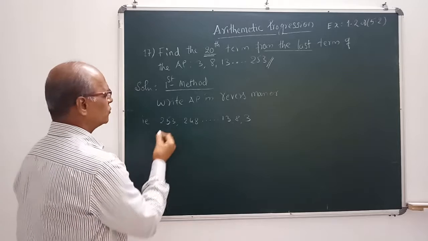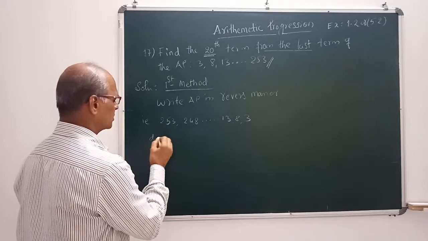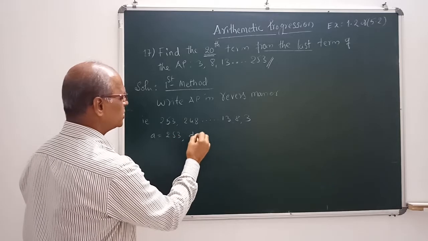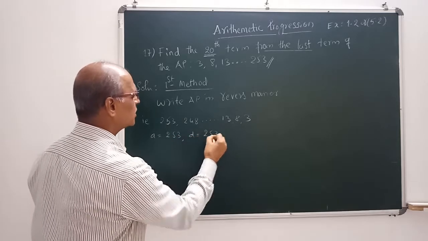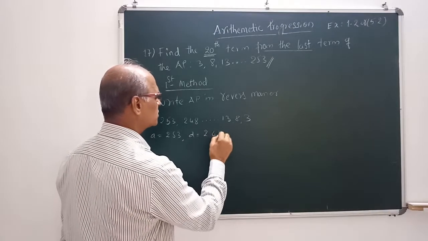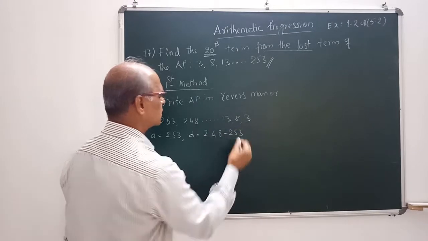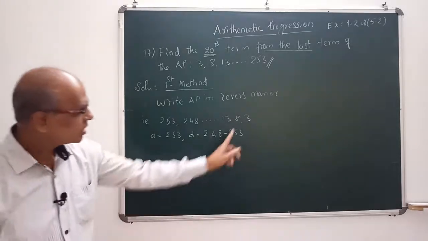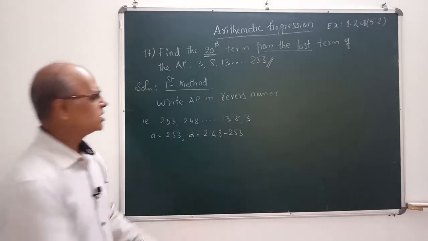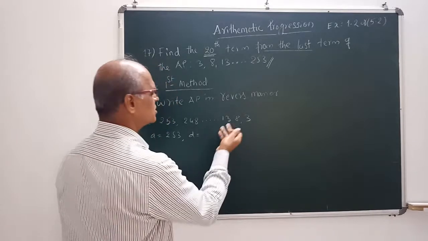So now you find what is D. Here our A is 253 and D is equal to 248 minus 253. Any one term you can take: 8 minus 13, 3 minus 8. Let us take the same thing, which is easier.